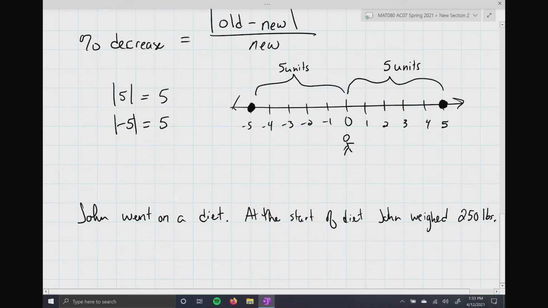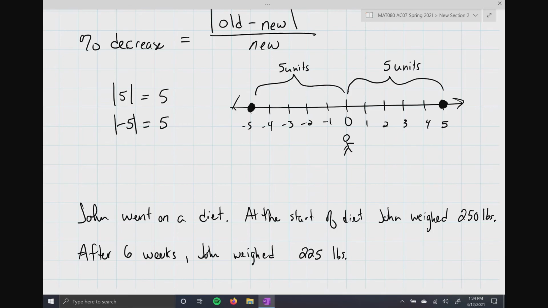I weighed myself right before class started because I got a shower. Now, after 6 weeks, John weighed 225 pounds, which is where I would like to be. That's wishful thinking because I just ate pizza for lunch.